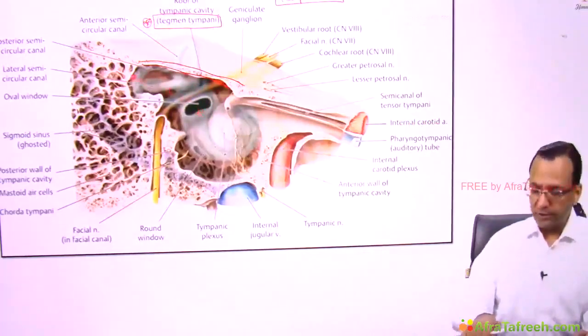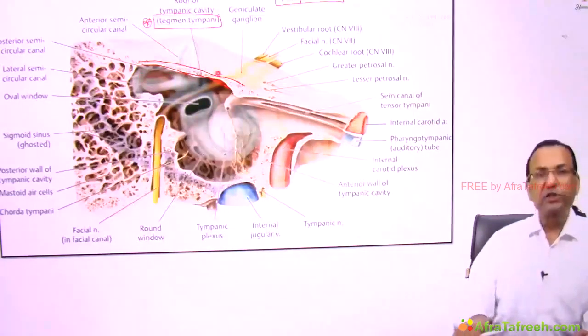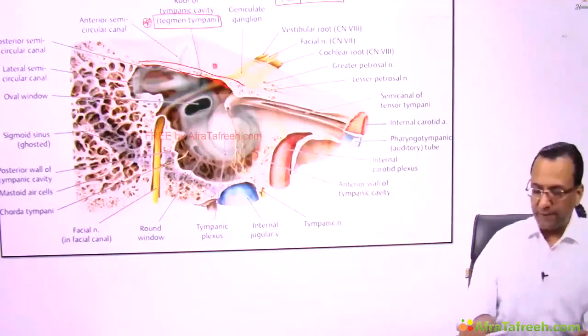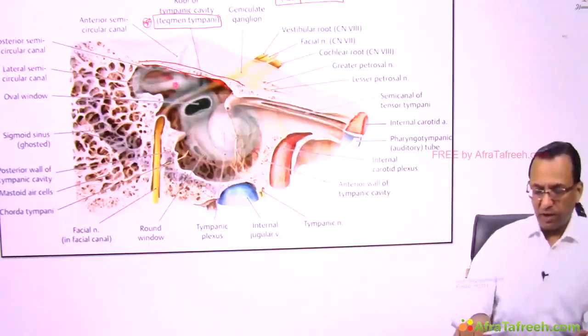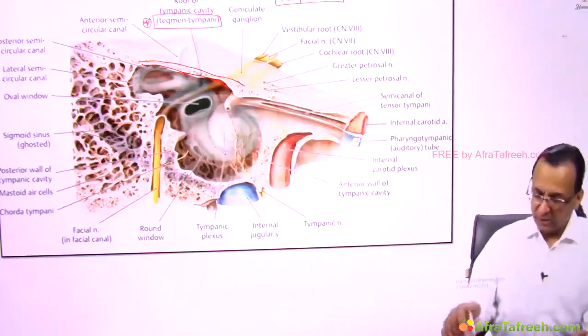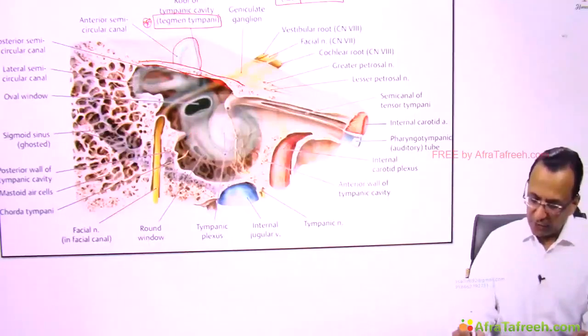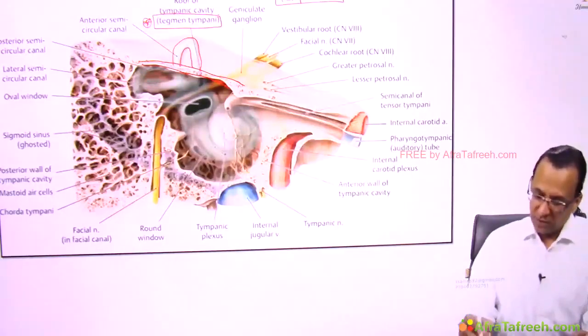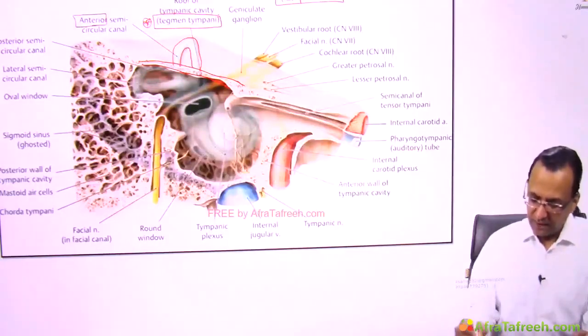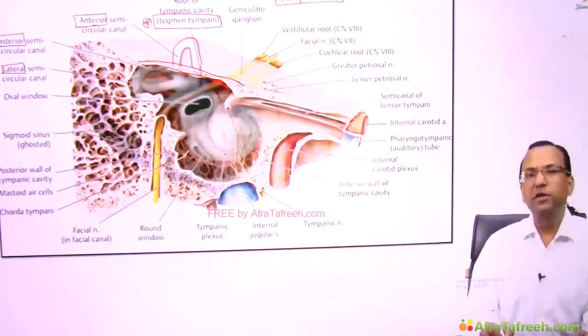You will also notice some of the structures which are at the floor of the cranial cavity here. Like which one? Can you see the three semicircular canals of the inner ear? There is one which is seen here. We call it anterior, but it is also called superior. So there is one anterior, one posterior, and one lateral semicircular canal, which are in the inner ear.